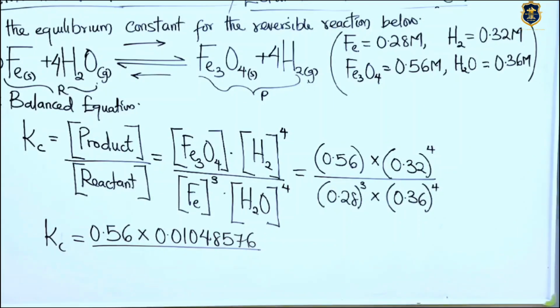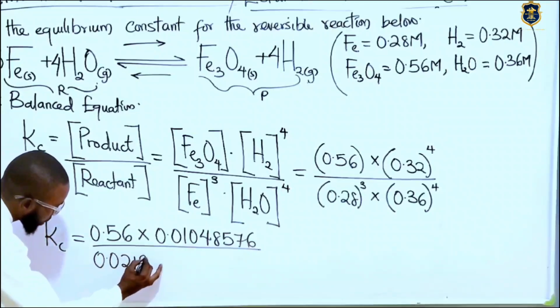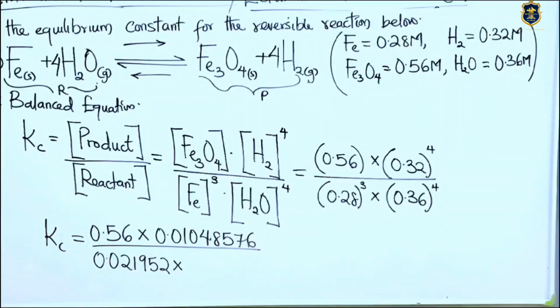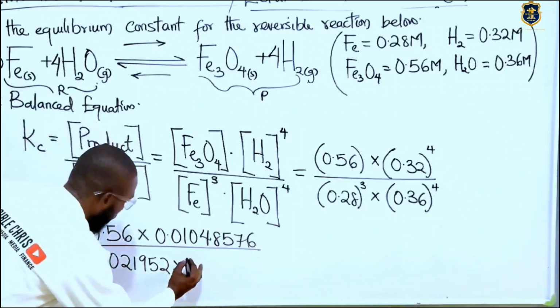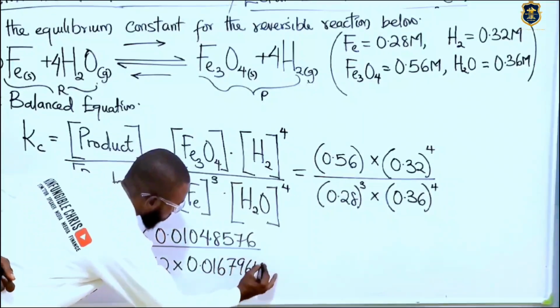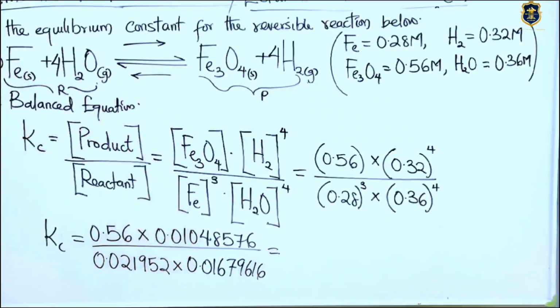What are we going to have? We're going to have 0.021952, times 0.36 raised to the power of 4. We're going to get 0.01679616. That's what we're going to get, right?